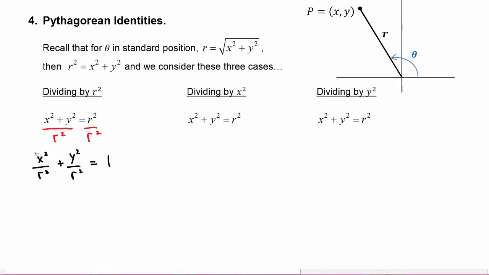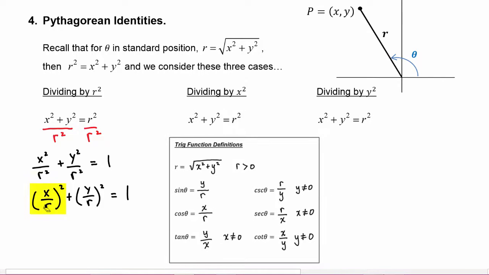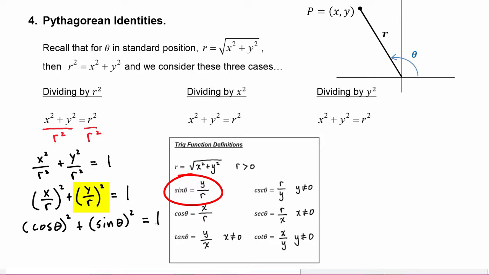Now, when the exponent is the same, we can write this as x over r quantity squared, plus y over r quantity squared is equal to 1. And we know that x over r is just cosine theta, squared, and y over r is just sine of theta, squared, equals 1.